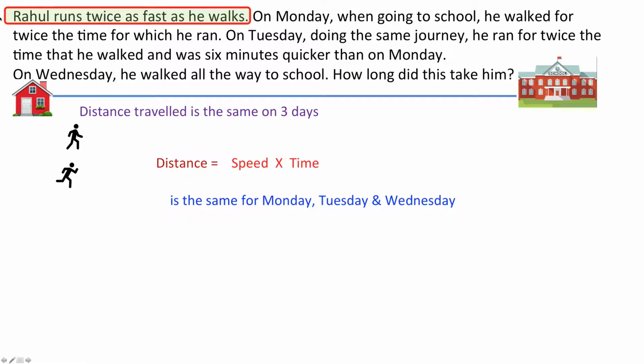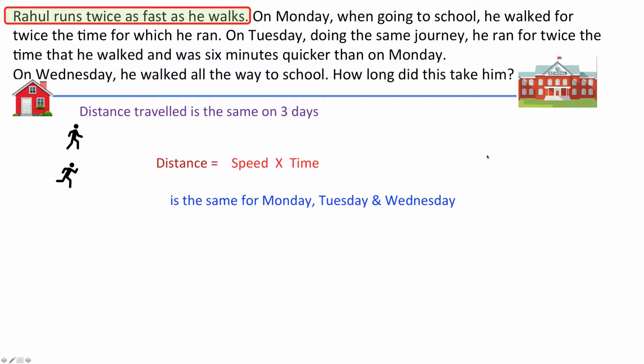All that we know is that the speed of running is twice that of walking. We also don't know how much distance he covers from house to school. We don't know how long it takes on each of the 3 days. So basically, all of it is unknown. There's nothing known about any of these three variables: distance, speed, and time.